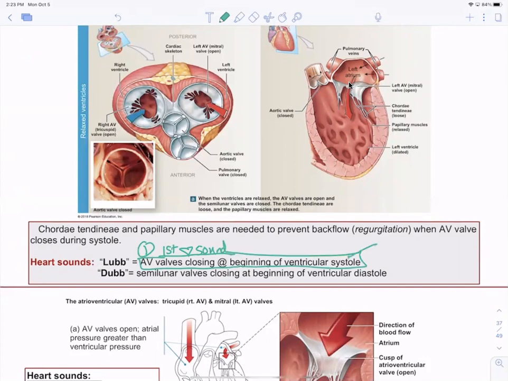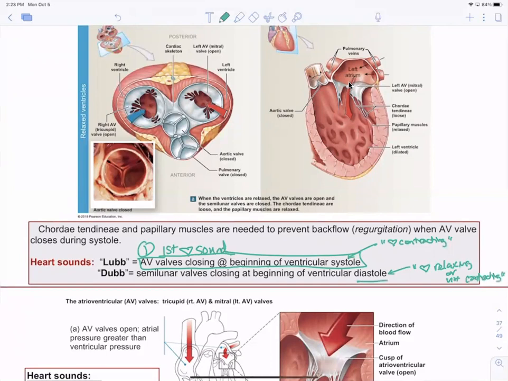Systole is the heart contracting. Diastole is the heart relaxing, or not contracting.